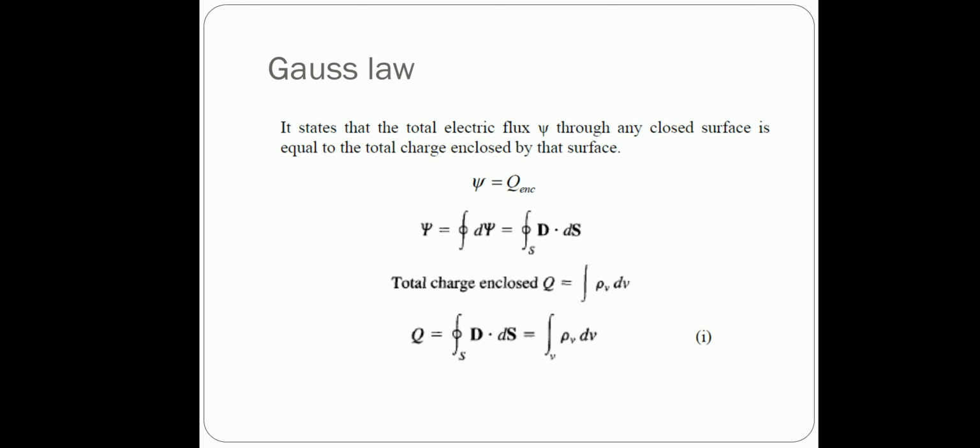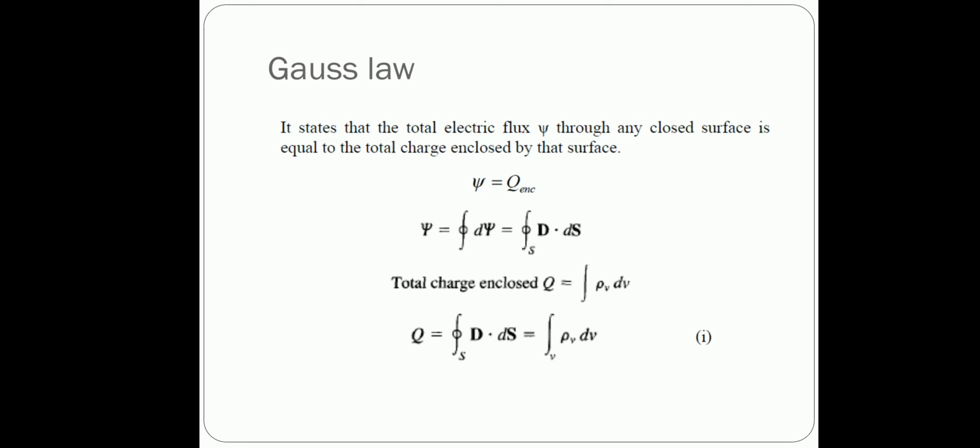We can say that the total electric flux, represented by psi, is equal to the charge Q itself. If we know the small electric flux d psi through any surface, then the total electric flux psi can be represented as the closed surface integral of d psi, which is equal to the closed surface integral of D dot ds, because psi is the surface integral of D dot ds.